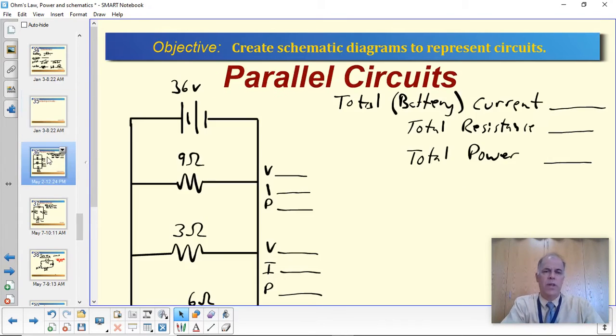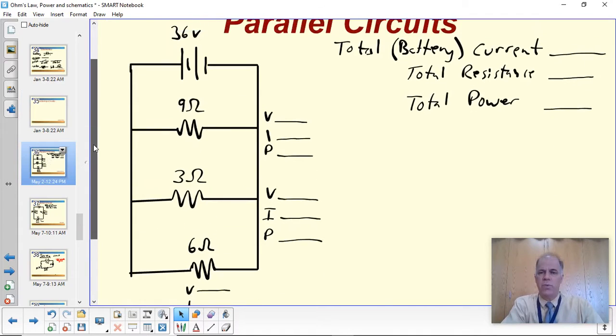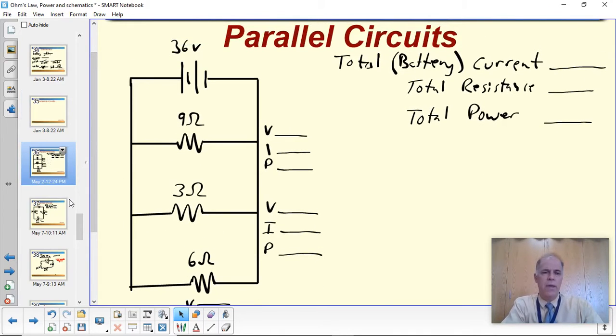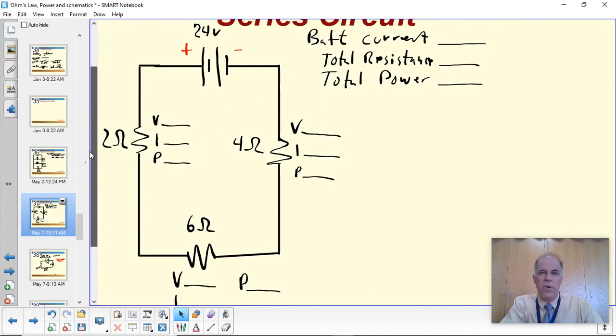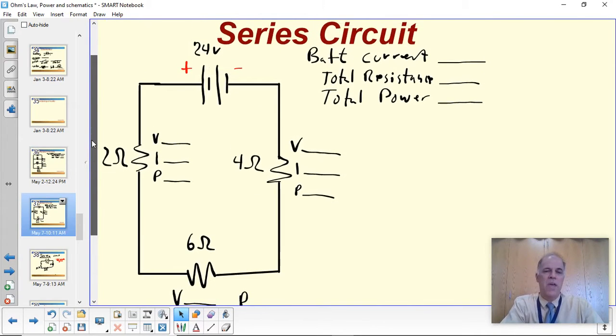So the two kinds we're going to look at are parallel circuits, which is this ladder type, and series circuits. It doesn't really matter what order we do them in, we'll see them both. What we're trying to figure out in our circuit analysis is as much information as we can derive from the given information.